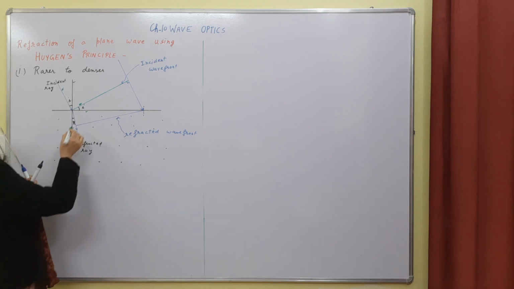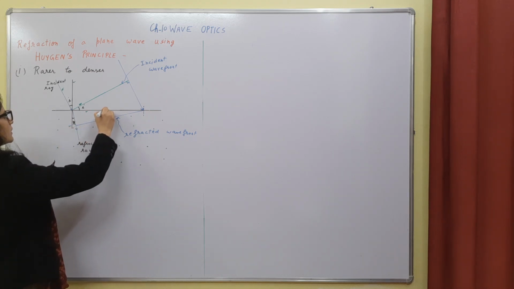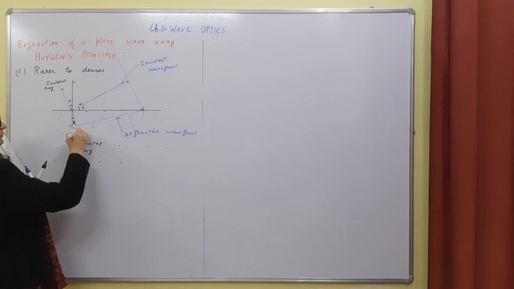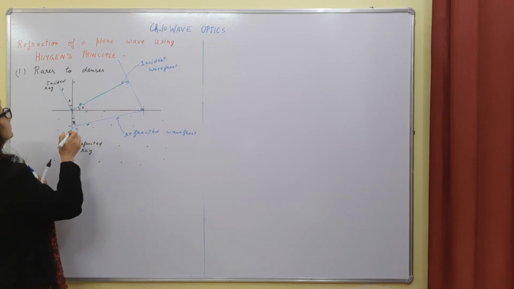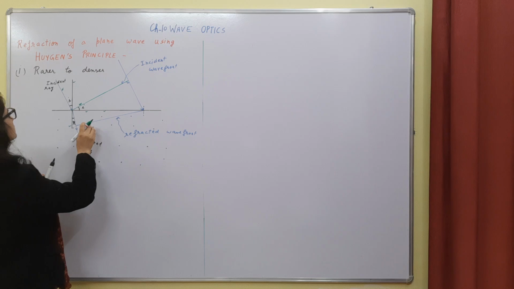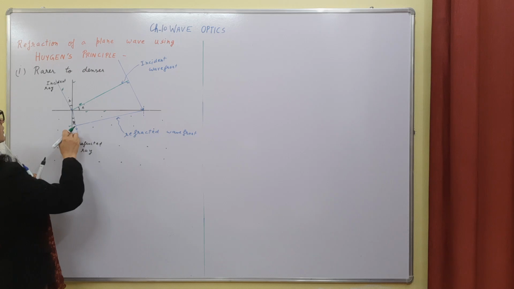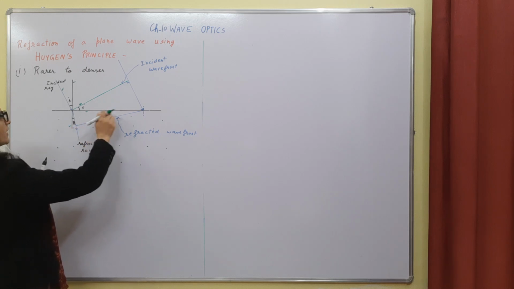Similarly, this is the normal, this is the base. So these are perpendicular. This is the refracted ray and this is the refracted wavefront. So the angle between the refracted ray and normal will be the same as the angle between this refracted wavefront and the base.